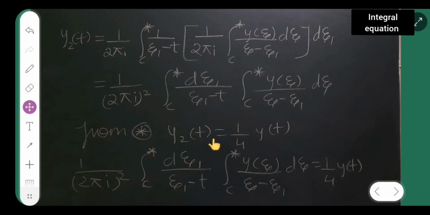So what is my y2 of t? 1 upon 2 pi the whole square integral from c to star 1 upon xi1 minus t integral from c to star y of xi upon xi minus xi1 d of xi is equal to half into y of t. So I am done with today's lecture on the Poincare-Bertrand transformation formula.